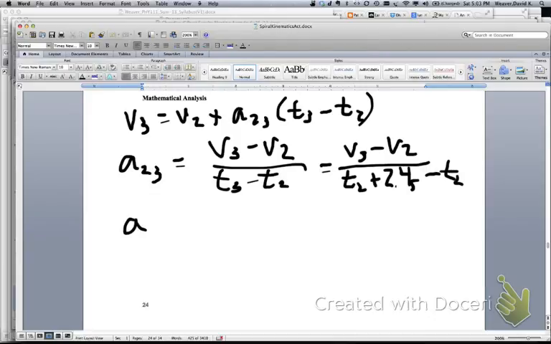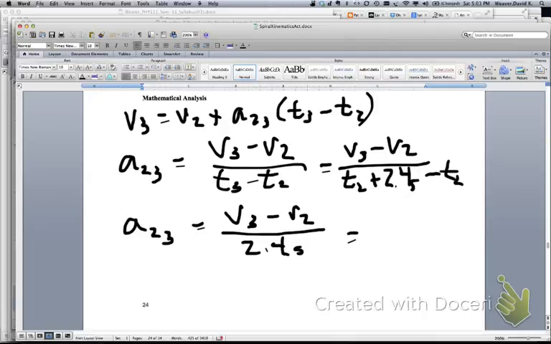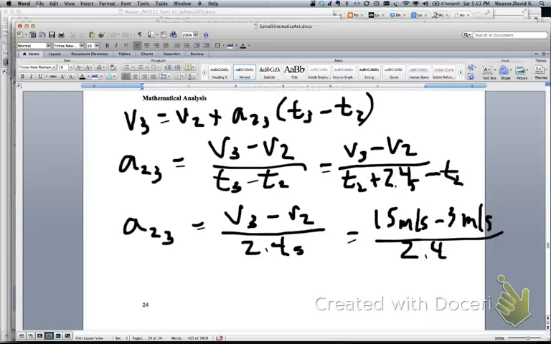Which would leave me right about here. If I plug in, I know that my final velocity, I'm back up to 15 meters per second from that intermediate 3 meters per second, and it took me 2.4 seconds to get there.